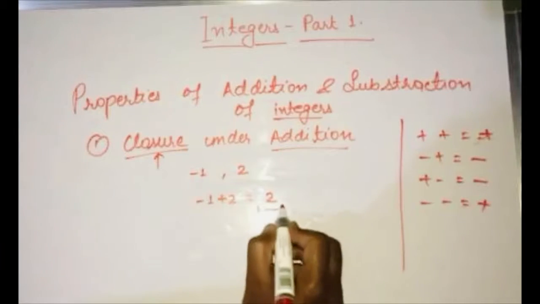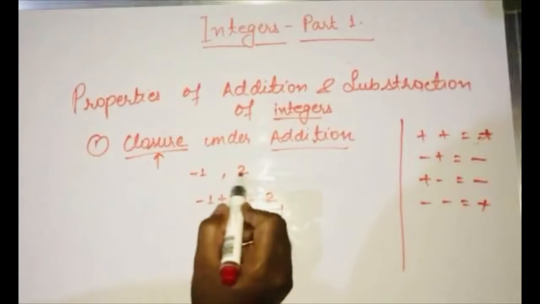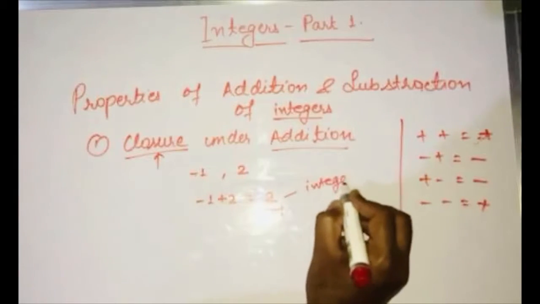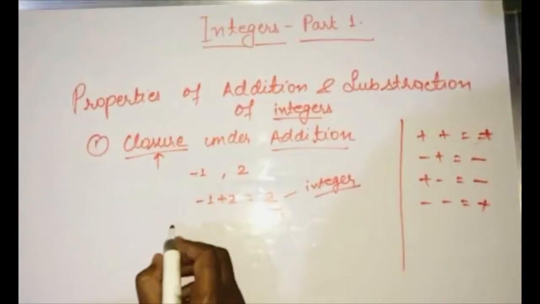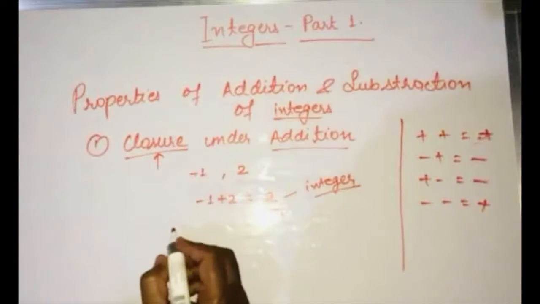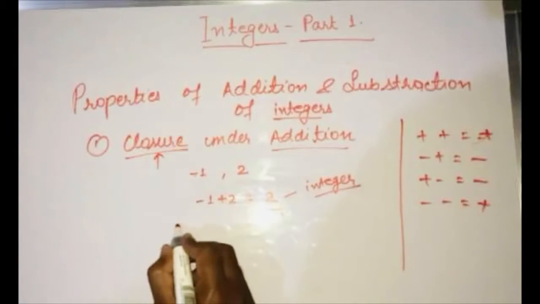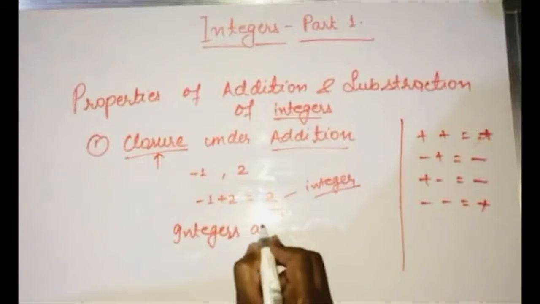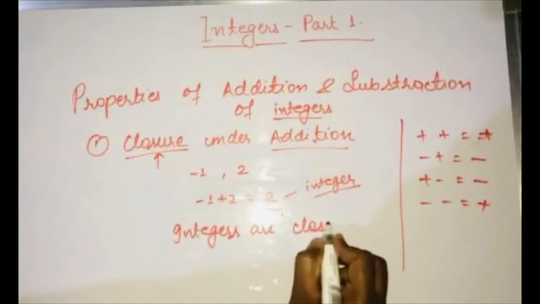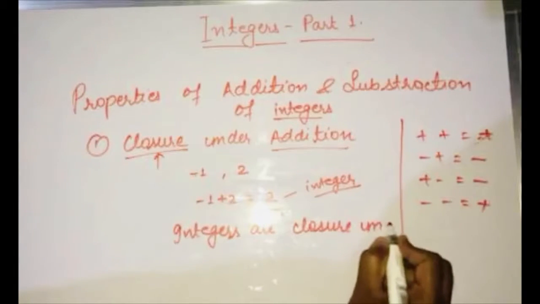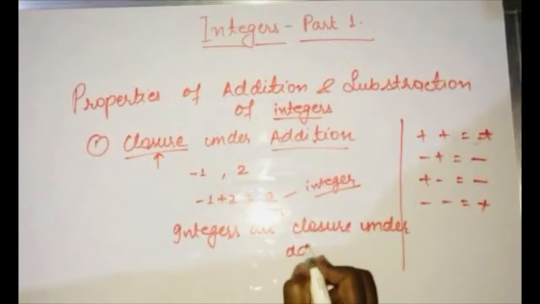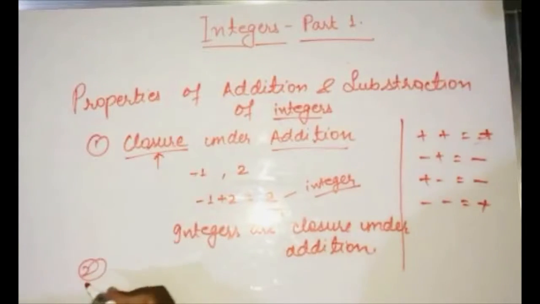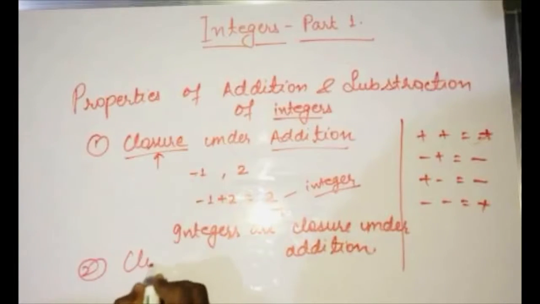So when you are adding two integers, your result is also an integer. It means you can say that integers are closed under addition. Similarly, the next one is closure under subtraction.